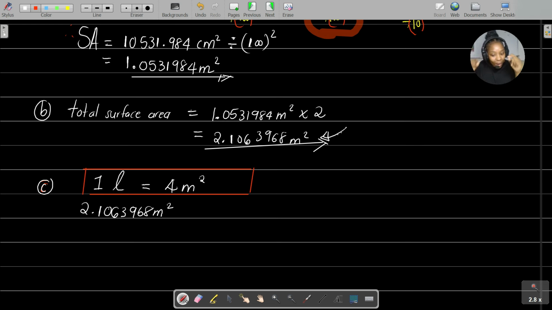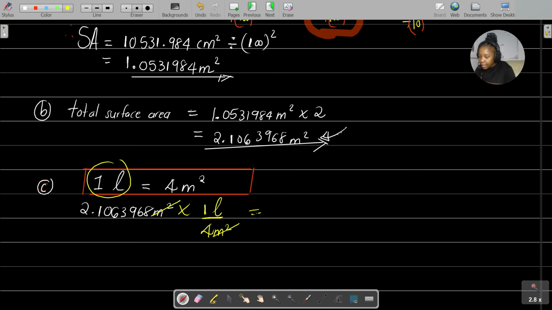Multiply by what you want. You want the liters in this case, so multiply by 1 liter. We want how many liters of paint we will need. Obviously we need to use both these values in this equation. So if you've already multiplied by 1 liter, all that's left for you to do is divide by that 4 meters squared. Then meters squared cancel.